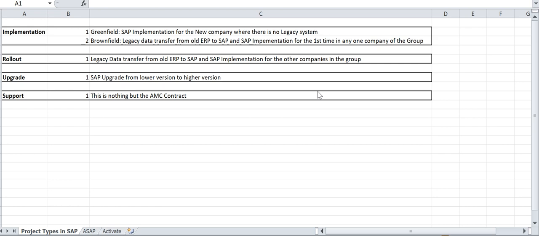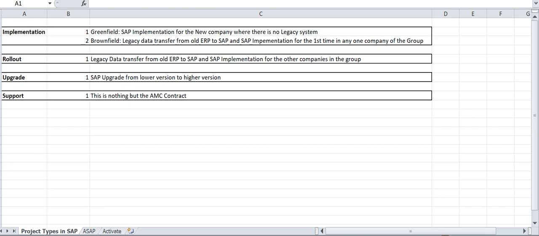But during their normal course of business, there could be some scenarios in which they face some errors, or they may not be able to understand some of the processes. So they raise tickets to the support consultants.